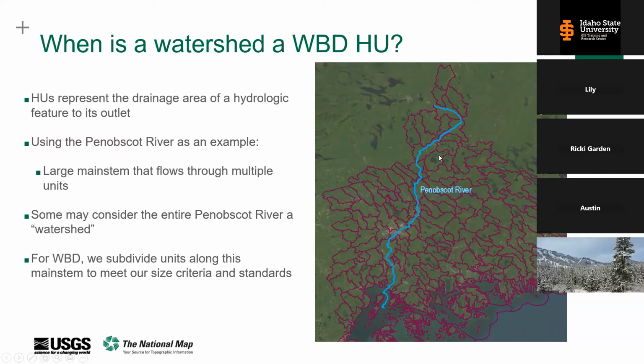Here on this graphic, the purple units that you're seeing are the 12-digit hydrologic unit boundaries. Now, some scientists, some folks that are doing analyses in this area might consider the entire Penobscot River a watershed in and of itself, and that's completely fine. But for WBD specific purposes, we subdivide our units along this main stem to meet our size criteria and our WBD standards.